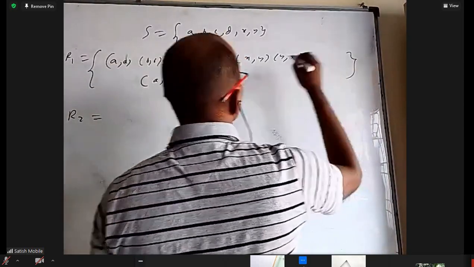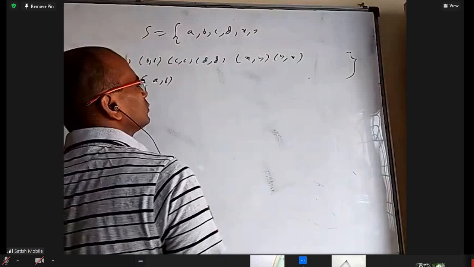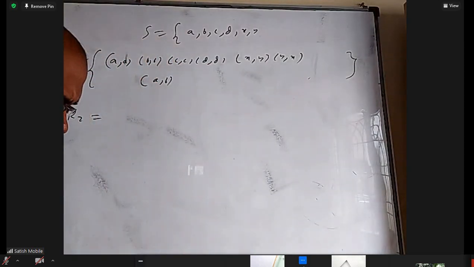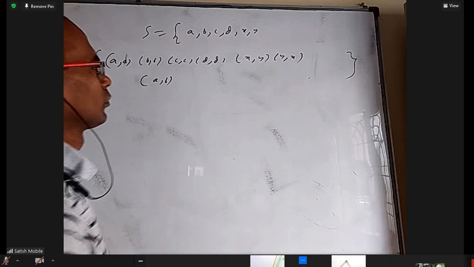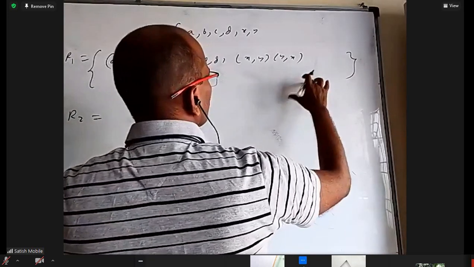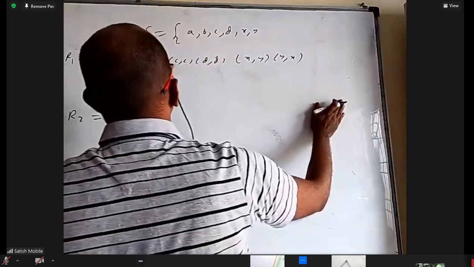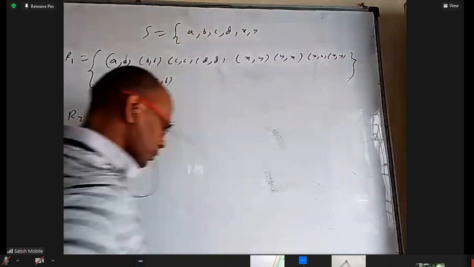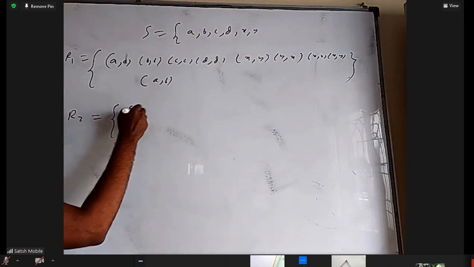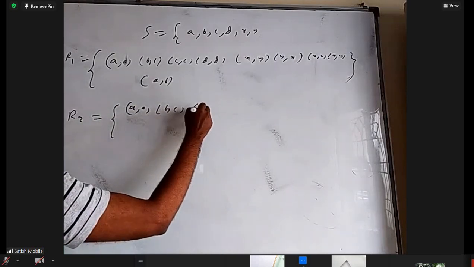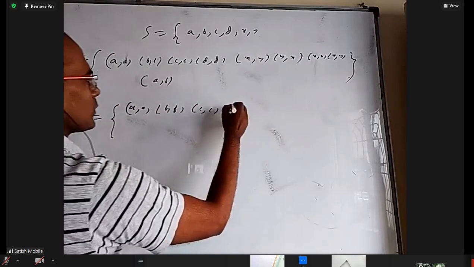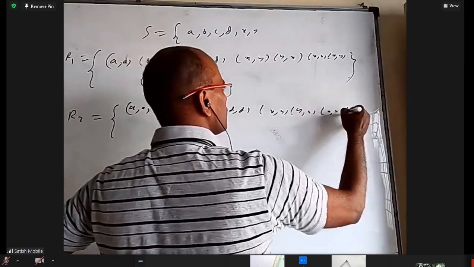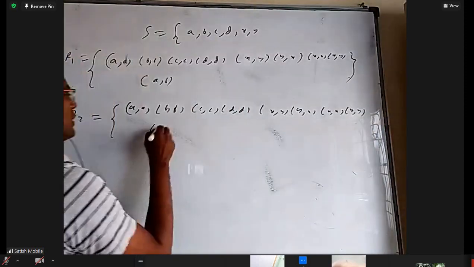Maybe I want to take some more examples. I have to take, of course, X comma X and Y comma Y also. That's good. Today I'll take R2 as the same: A comma A, B comma B, C comma C, D comma D, and X comma Y and Y comma X and X comma X and Y comma Y and B comma C.